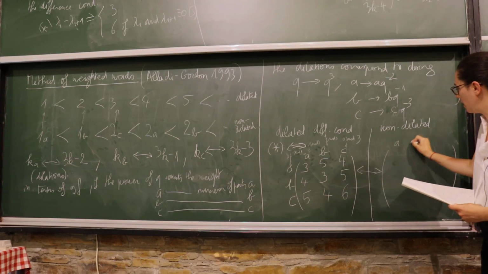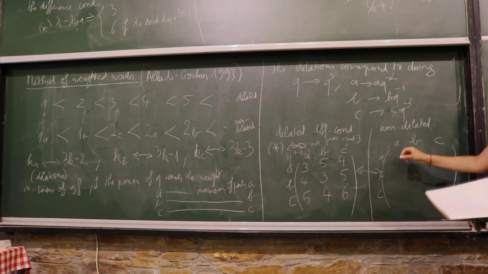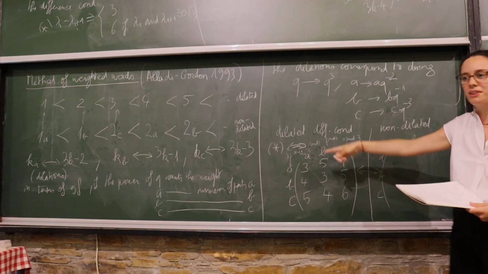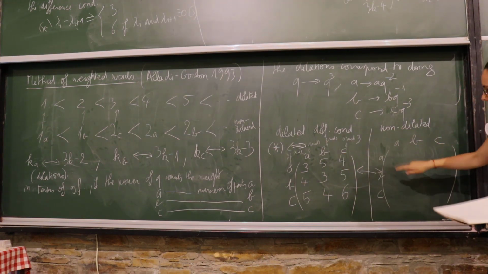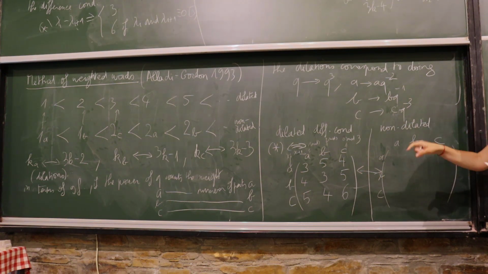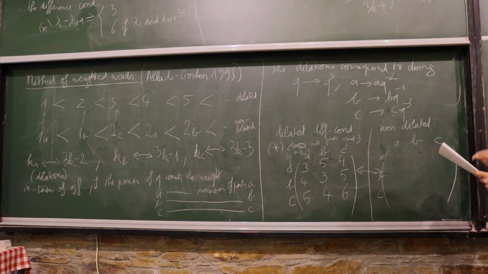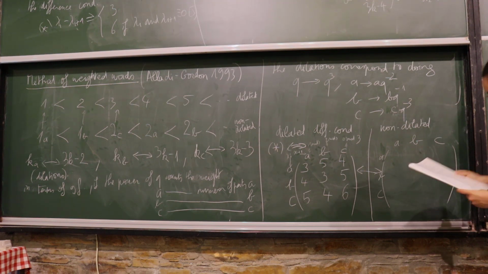So we still have A, B, C, A, B, C, and it works in the same way. If I look at the coefficient AB here, it's the minimal difference between a part of color A followed by a part of color B. Okay, so let's look at this.